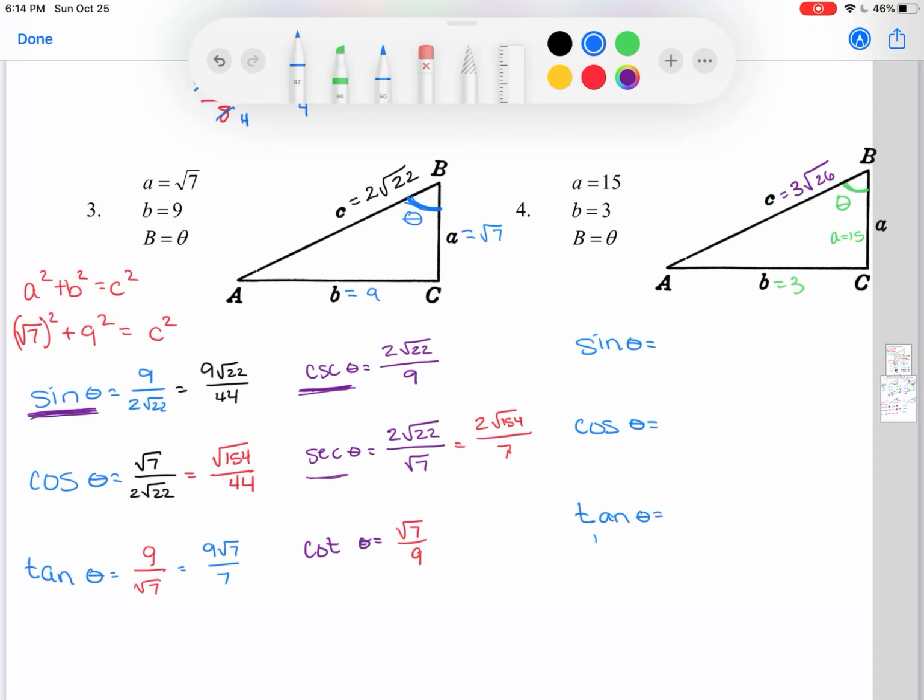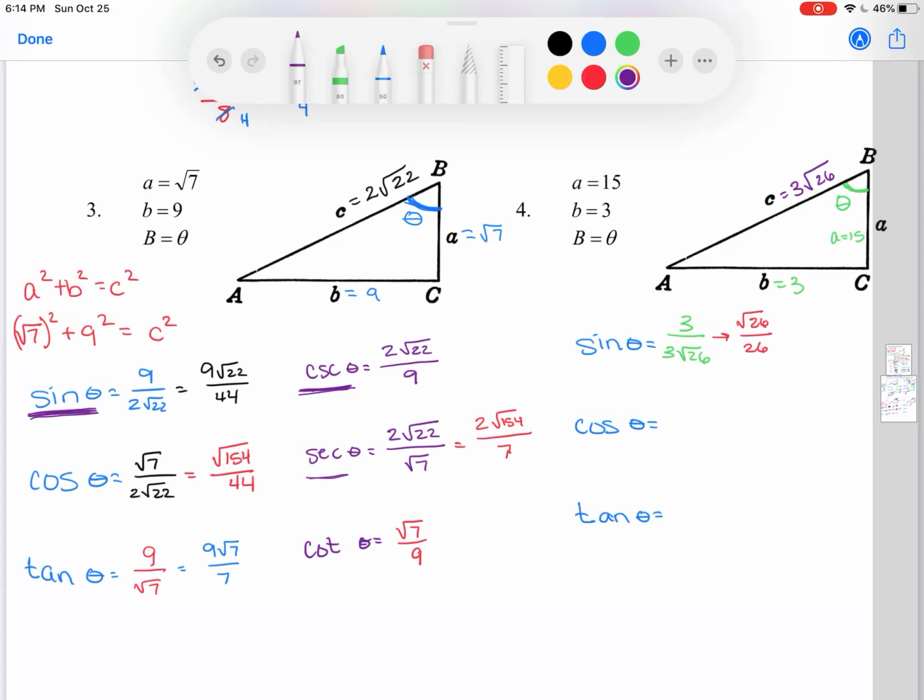And we can continue. Start with sine, cosine, and tangent. And remember, we are referencing that angle in the top right corner this time. So every time I pull my opposite, my adjacent, and my hypotenuse, I need to match it up to their respective pieces. So for angle B, I have 3 divided by 3 root 26.